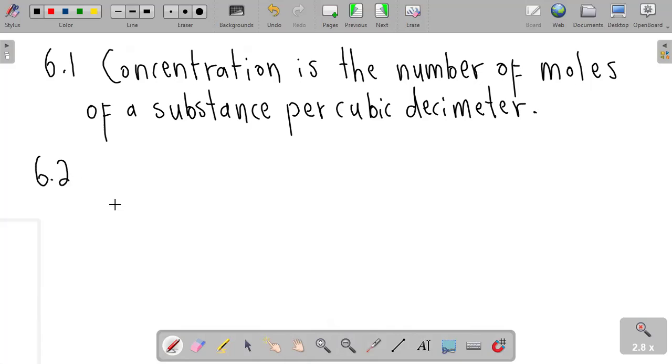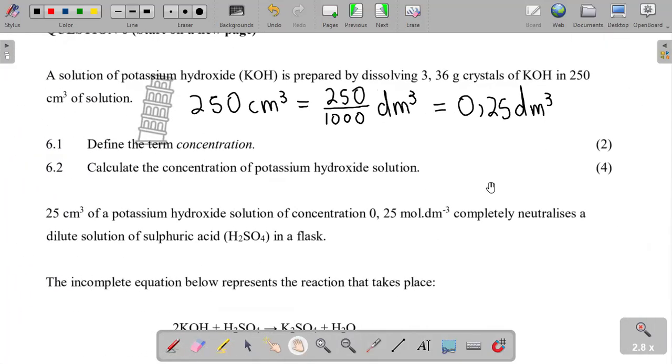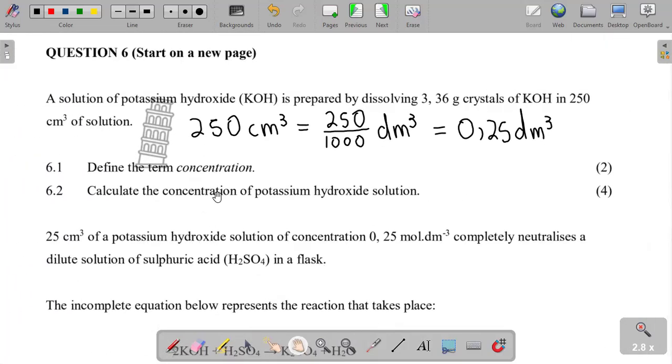6.2. What are they saying? Calculate the concentration of potassium hydroxide solution. So they gave us the what? The mass. They said grams, which is a unit for mass, and then we must find the concentration.